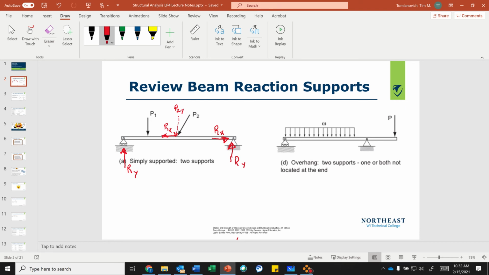Okay. So again, for this one, we have a roller here, so we have the reaction in the Y direction there. This is a pin, so we have a reaction in Y. We have a load here on the end. This is a cantilever. And remember, this is a uniform distributed load.